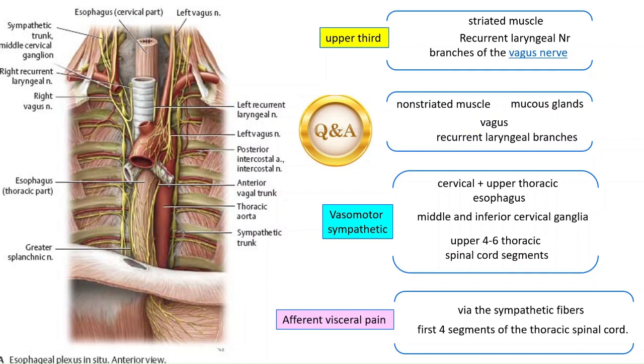So if there's retrosternal pain, same distribution as pain of the heart, but the disease is not in the heart, the disease is in the esophagus. So please, if you have symptoms and you think it is angina or problem in the heart, investigate the esophagus as well.